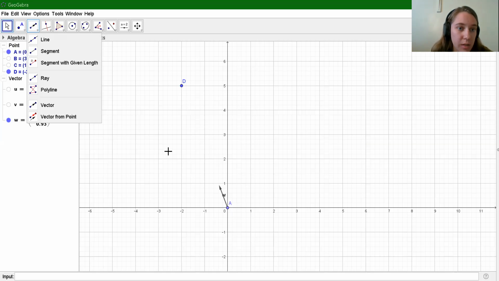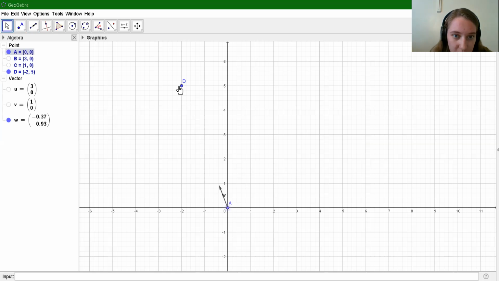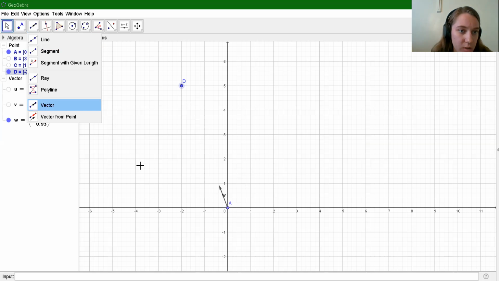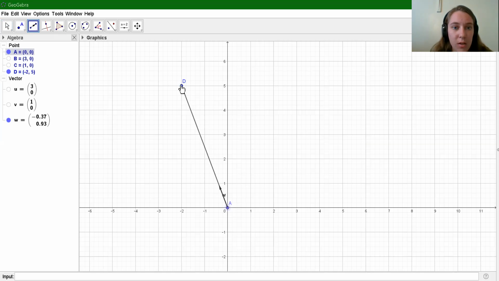And if we draw the original vector back on here, you can see it's on that same line as our original vector. So it's in the same direction.